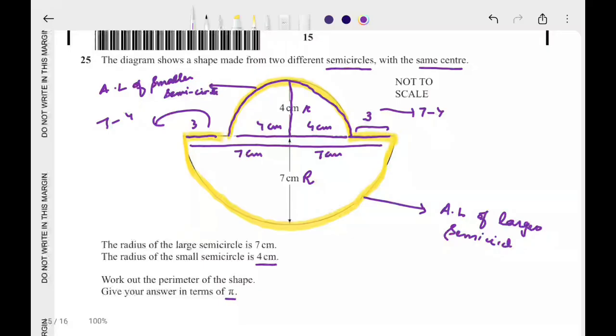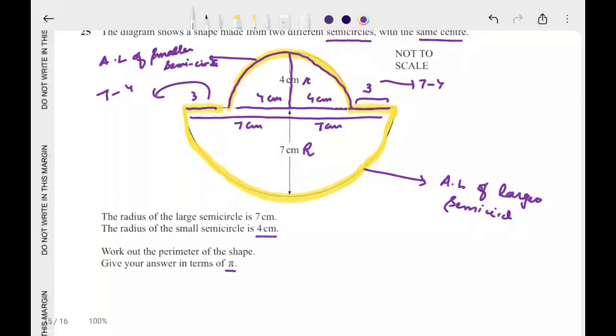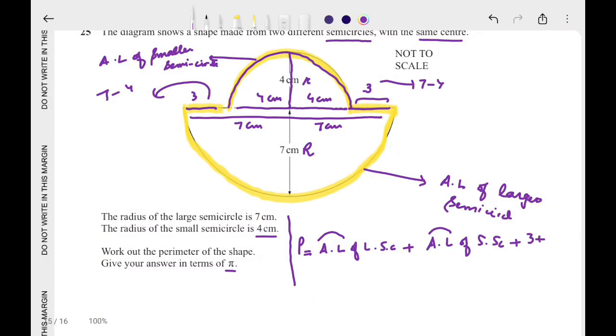And we know that the perimeter equals the arc length of the larger semicircle plus the arc length of the smaller semicircle plus the line segments 3 plus 3.